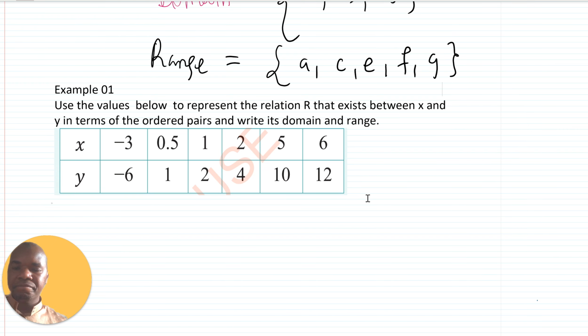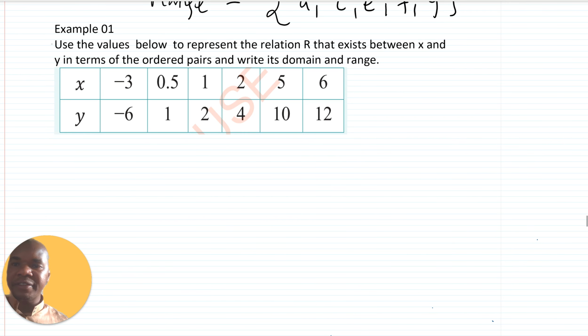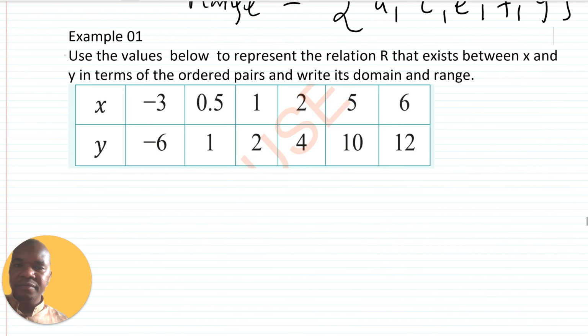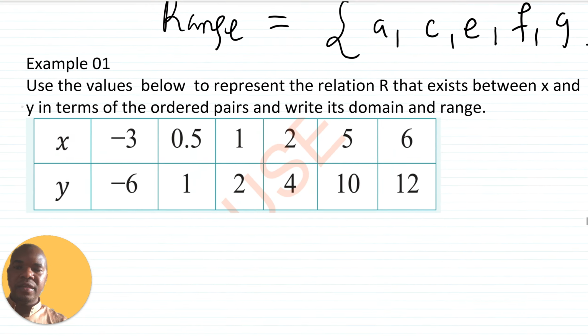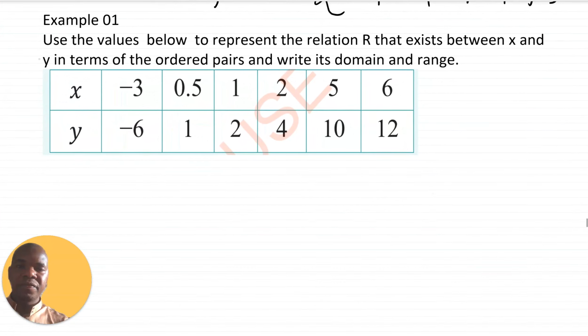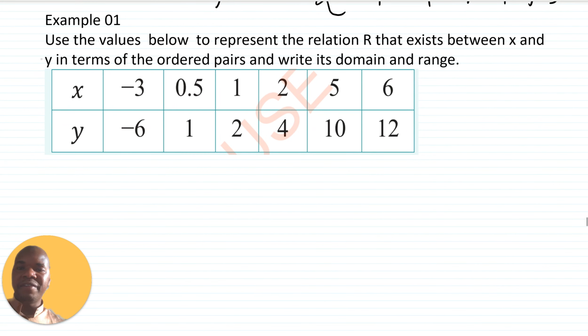Example number 1. From this example, use the values below to represent the relation R that exists between X and Y in terms of ordered pairs and write its domain and range.